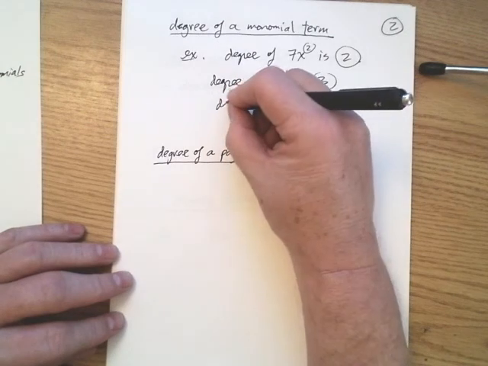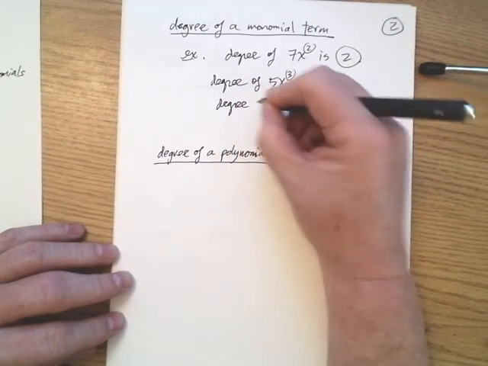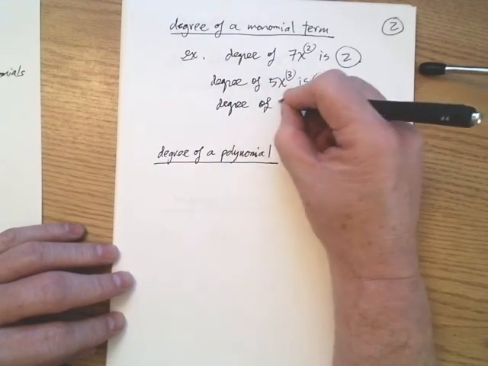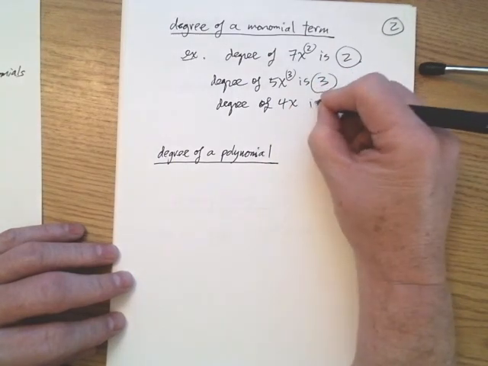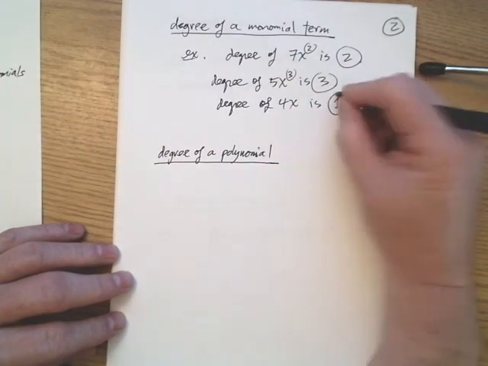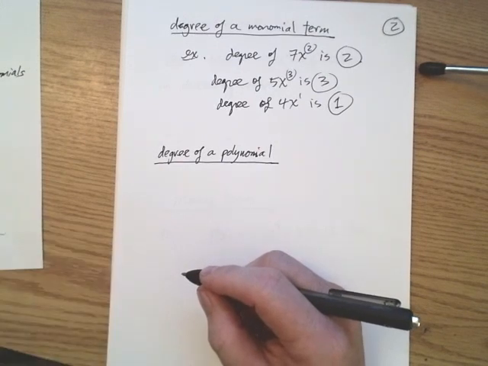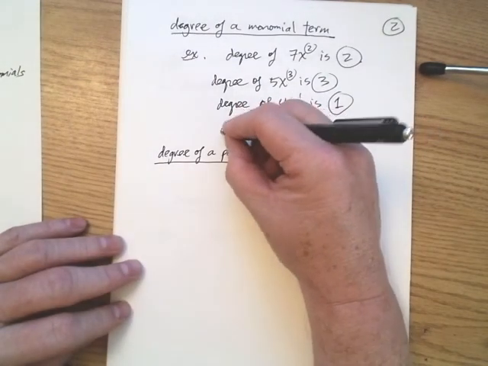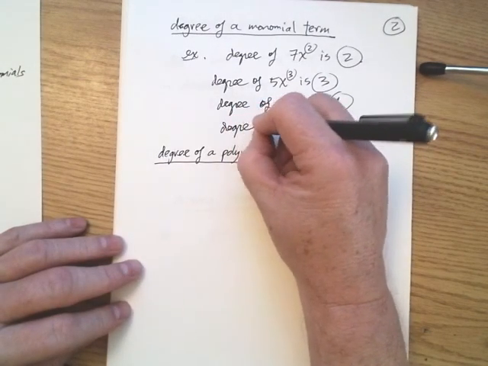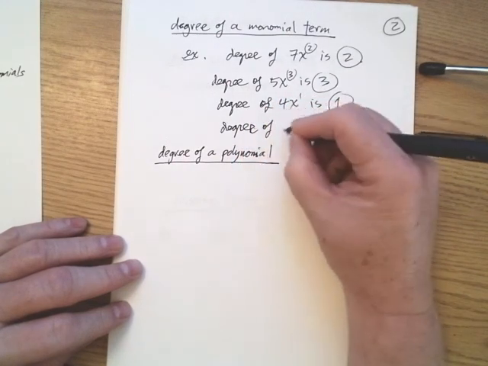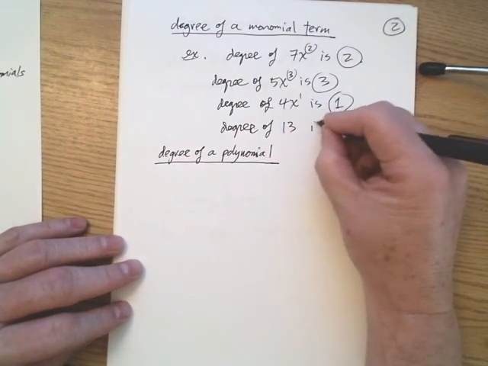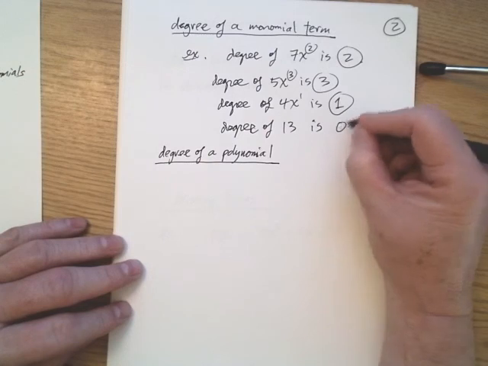How about the degree of this? 4x is degree 1, right? The power on there is implicit, but if we wanted to include it, it would be 1. That's degree 1. And then how about the degree of a constant? Degree of, let's say, 13 is 0.